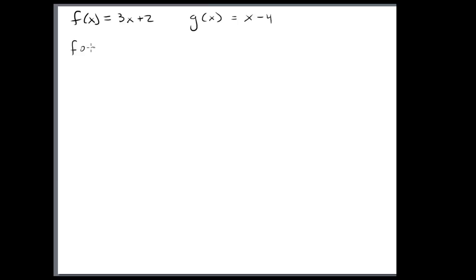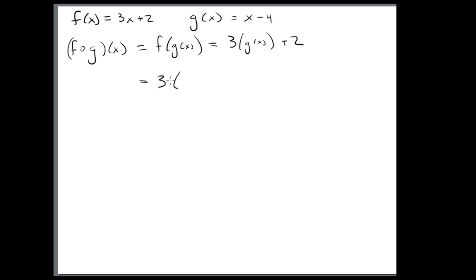We could find f of g of x, or f composed with g of x, where I take 3 times g of x and I add 2 to that. So this is 3 times g of x, which is x minus 4, plus 2, so that's 3x minus 12 plus 2.